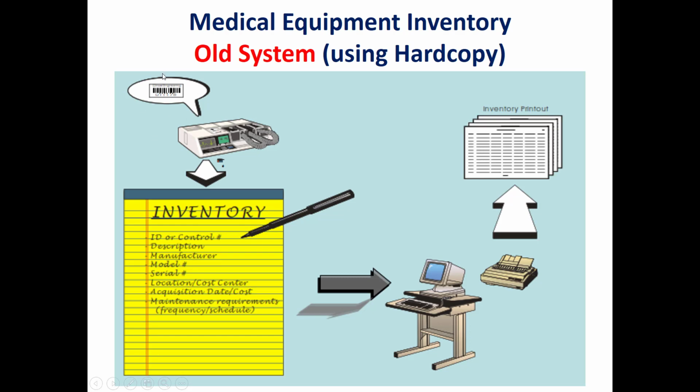We give an inventory number for a new medical device. After that, we enter this device into our inventory with the appropriate data for each device: the ID or control number, the description, the manufacturer, model, serial number, vendor, the location, the date of purchase, and so on.